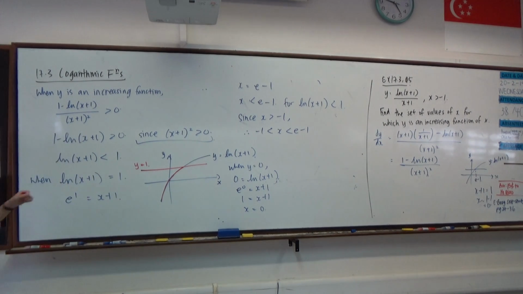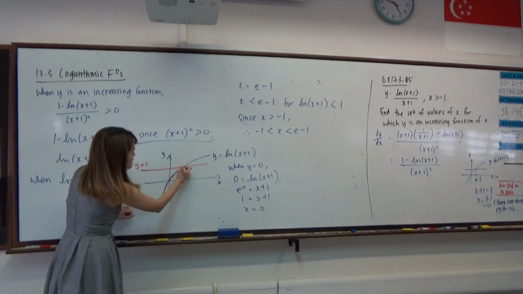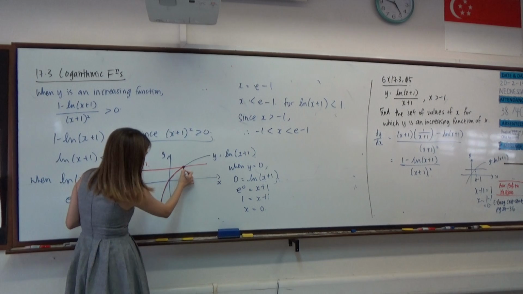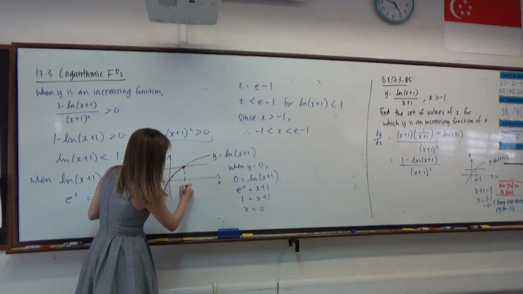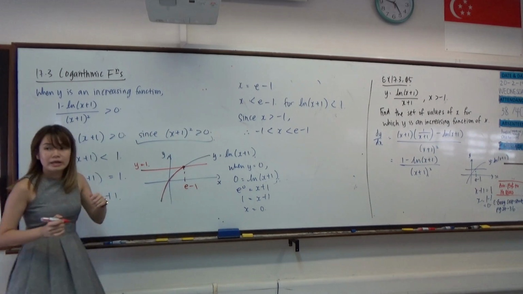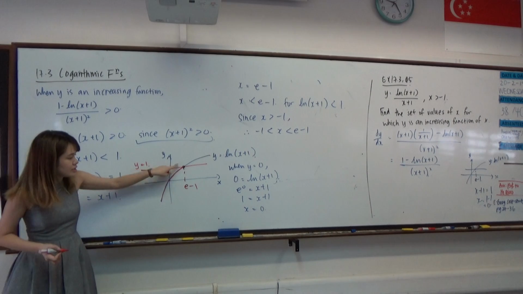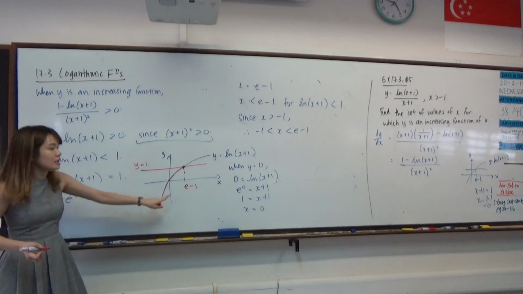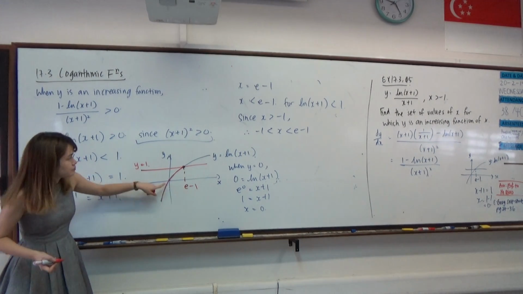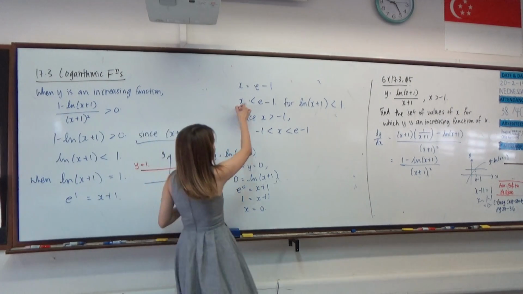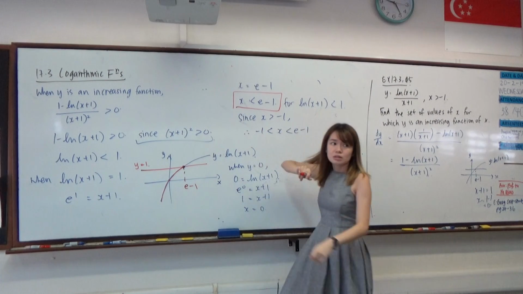So we find out when ln(x plus 1) is equals to 1, which is at this point over here. What is the corresponding x value? We have solved to find that it is e minus 1. Agree? And so therefore, for this inequality to happen, which is this section of the graph, you will find that x has to be lesser than e minus 1. That's why we will be getting this part over here.